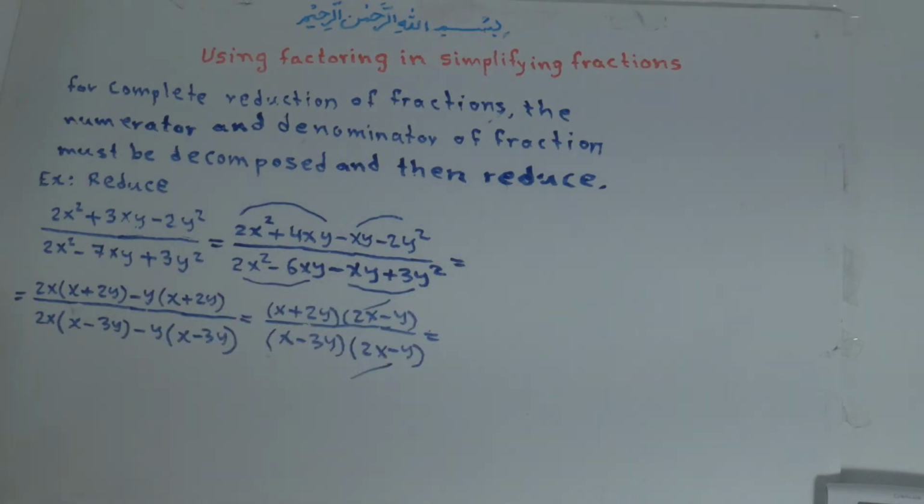At the numerator, x plus 2y, and in the denominator, x minus 3y. Now we see that the big fraction reduced to this small fraction by using the factoring or decomposition.